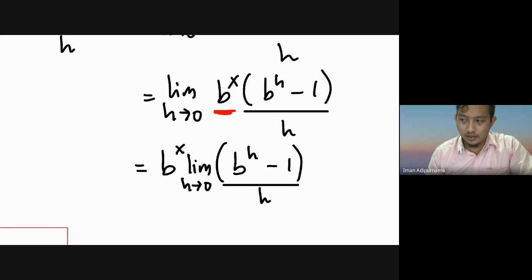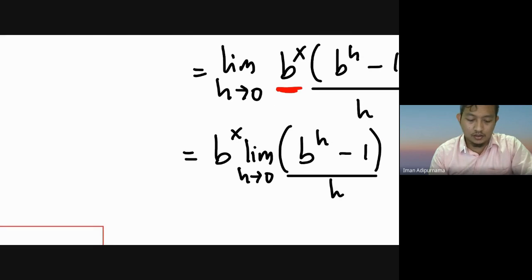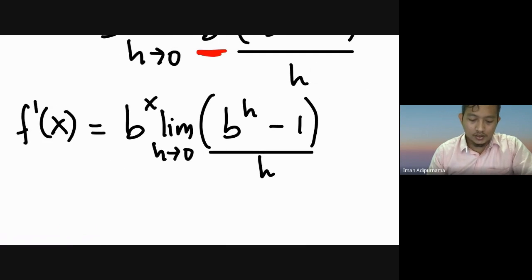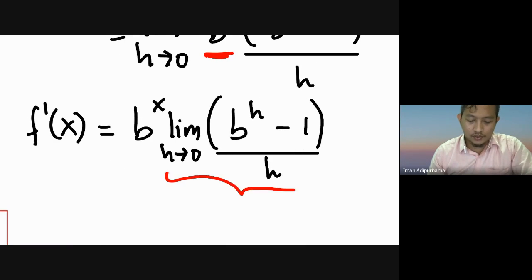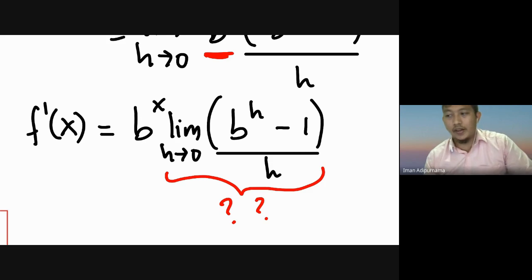Now we have this, and to show you the idea behind this derivative, the problem is we need to compute this. What is this value?